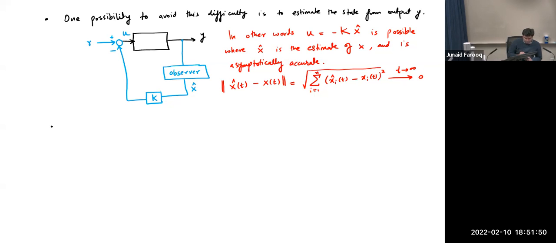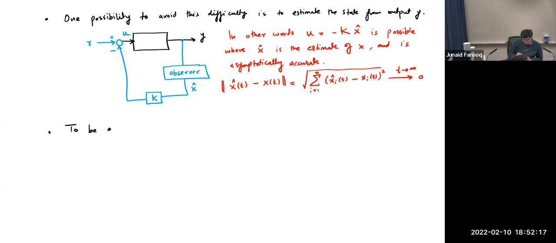Now, in order to be able to construct an estimate, the system has to be observable. So that's the new concept here of observability, meaning that you should be able to construct the state from looking at the output. So let me write it here.